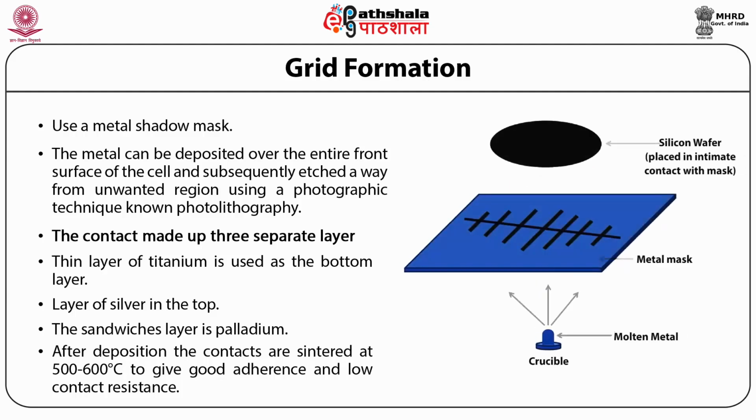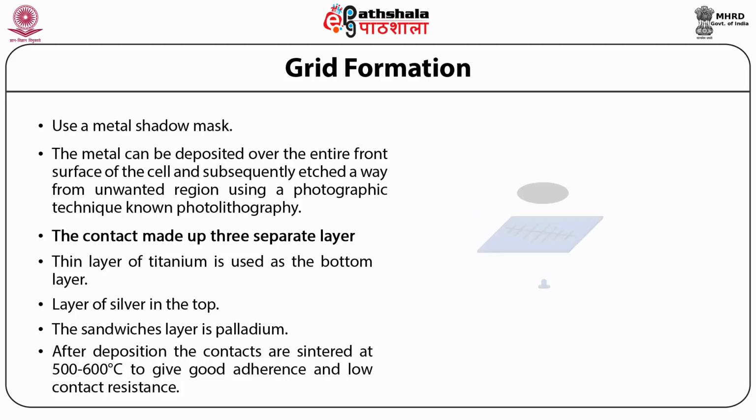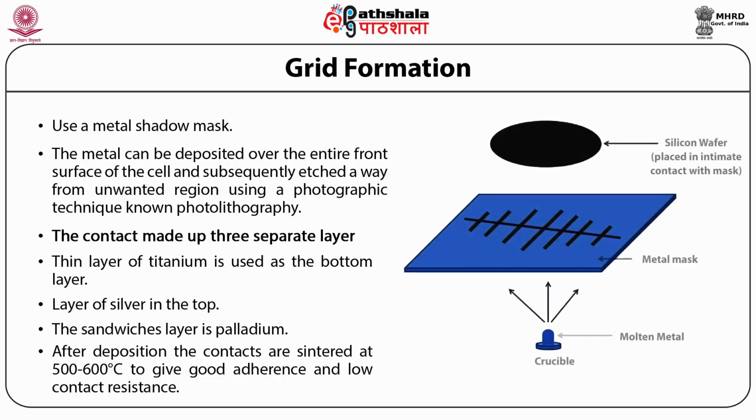Most widely used materials for grid formation within silicon solar cells are nickel, gold, silver, titanium, palladium, and aluminium. So these are the materials which are used for grid formation.